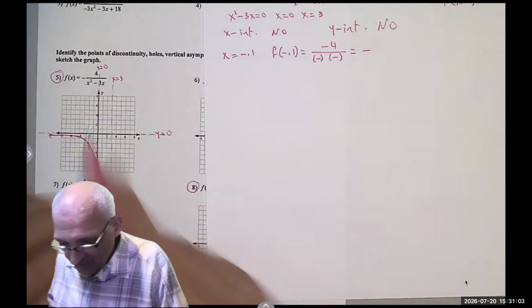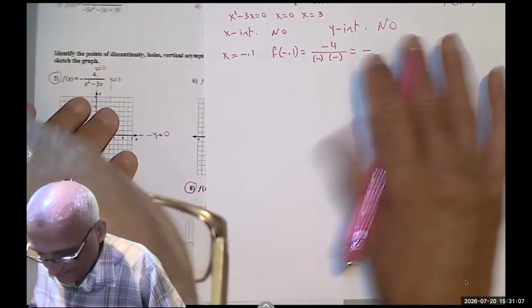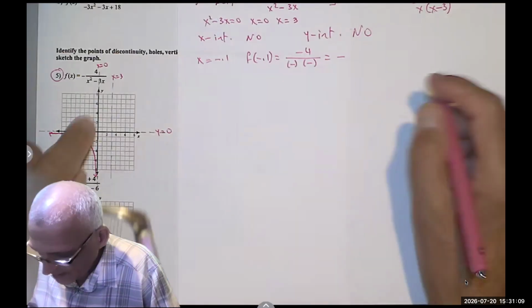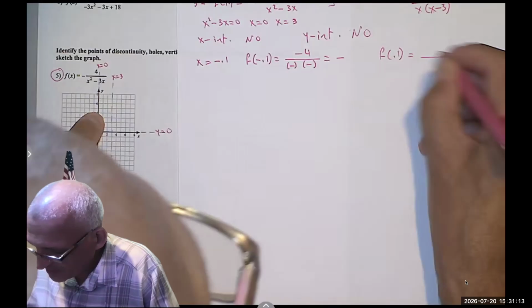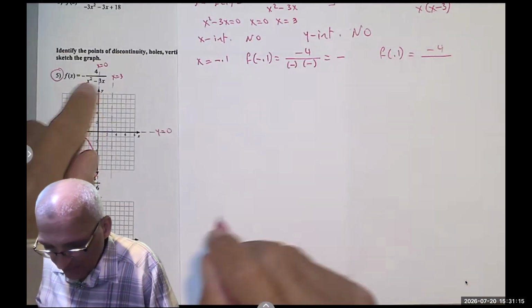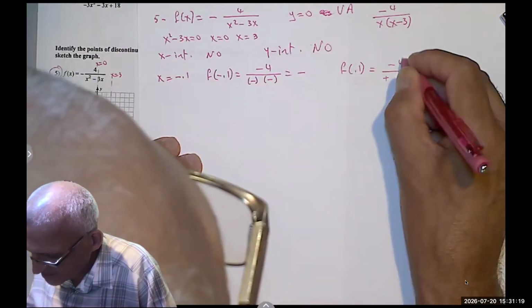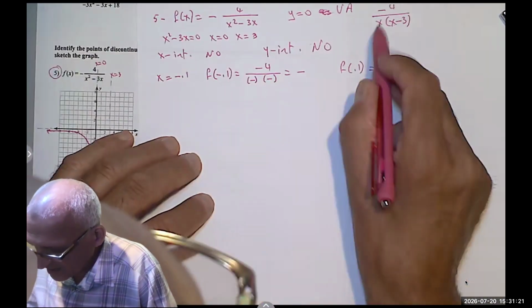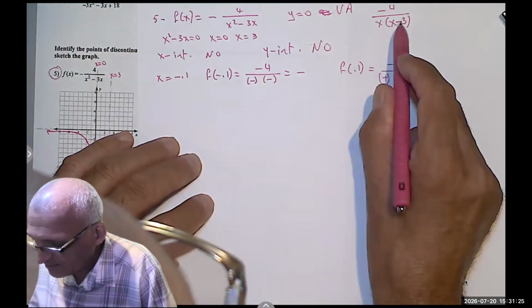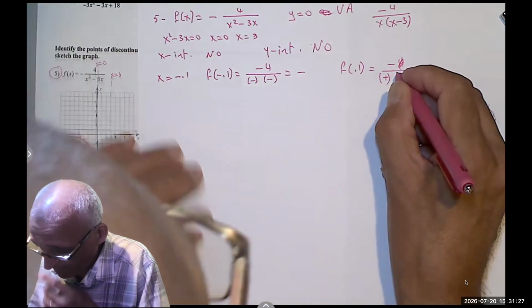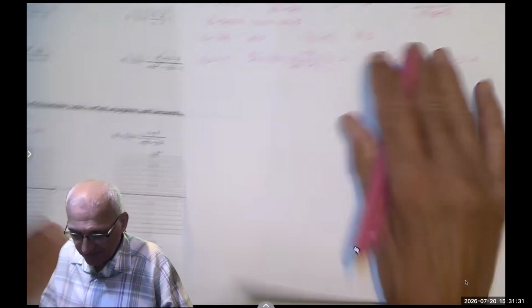What about just slightly to the right of the y-axis? Let's say f of 0.1. The numerator is negative 4. The denominator is 0.1, which is positive. So I just negate the numerator. I don't care about the value. 0.1 is positive and 0.1 minus 3 is negative. So I get negative divided by negative, which is positive.